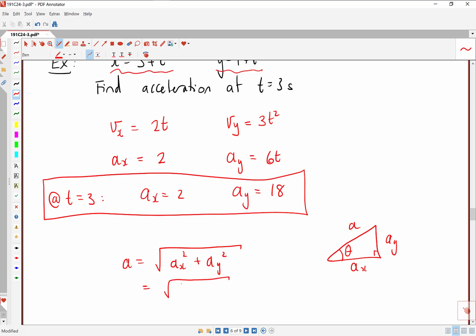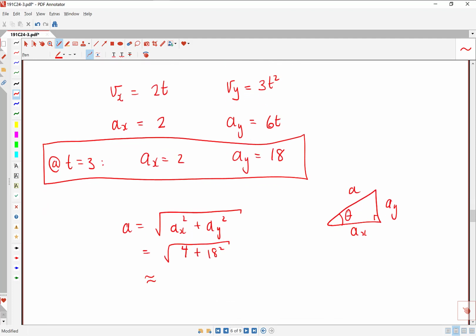So that's the square root of 4 plus whatever the square of 18 is. And that comes out to 18.1 meters per second squared. So always good to put units on there. If we're talking acceleration, it's meters per second squared. So that's what's called the magnitude of the acceleration.